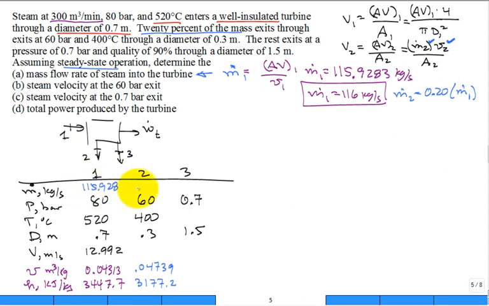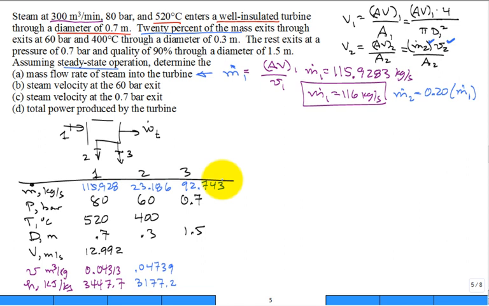And then the mass flow rate at 2 comes in at 23.186. And 80% goes out at mass flow rate 3, which is 92.743. Those numbers I rounded off a little bit because I don't want to write all the digits, but I strongly encourage you, store those in your calculator.